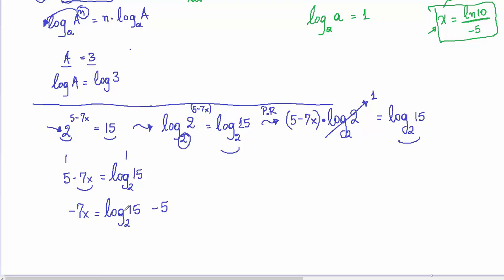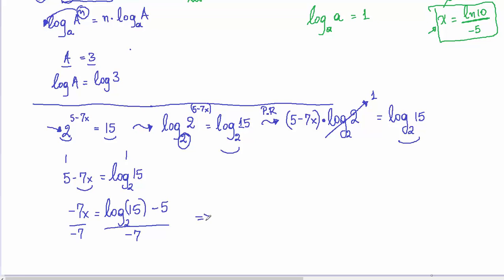Remember, the argument of the logarithm is just the 15, what I had before. The entire number is going to be reduced by 5 here. And the next step is to divide both sides by negative 7.